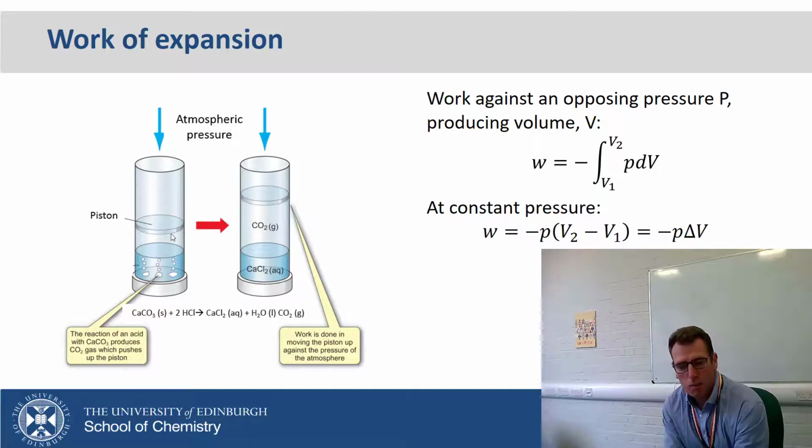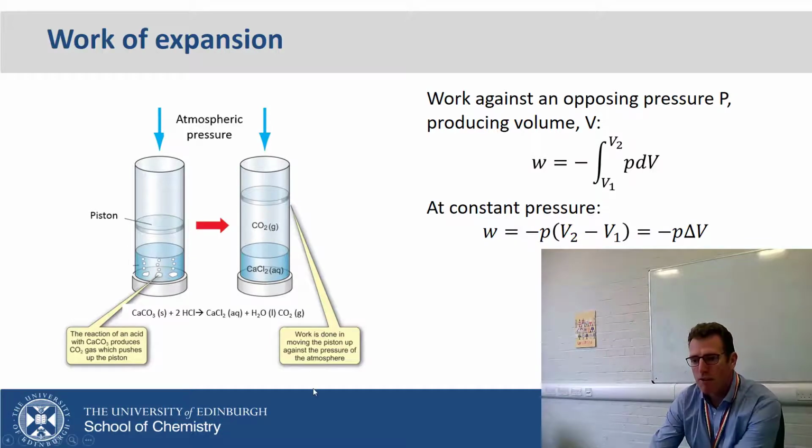And we say minus here because we're pushing out, work is leaving the system, so it's negative. If pressure is constant, as it normally is in chemical reactions in the lab, then this just becomes minus P times the integral of V1 to V2 dV. So this is minus P delta V. So our work done by a chemical reaction due to expansion is minus P delta V.